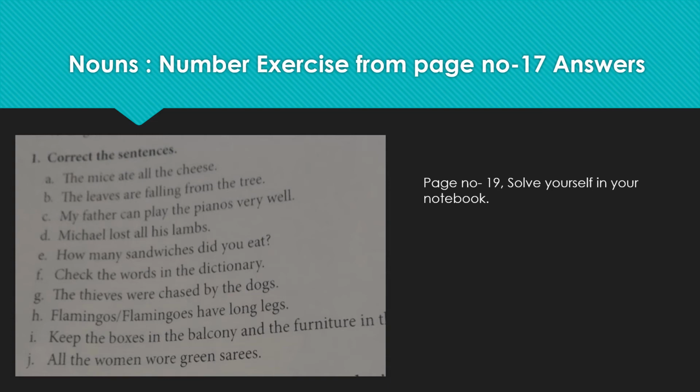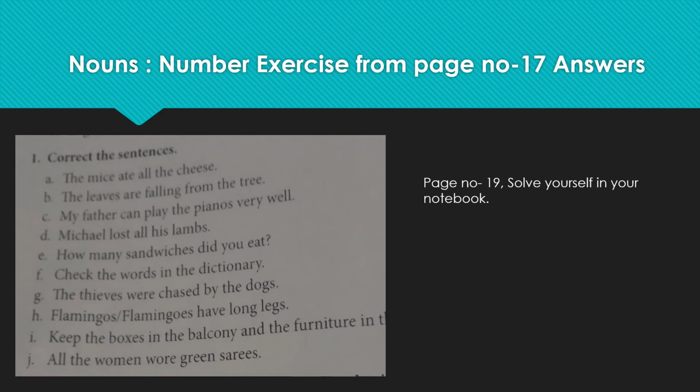Singular means one thing and plural means more than one thing. There are many rules for how to change a singular noun into a plural noun. In your textbook, on page number 16, all the rules are given. You have to read and understand those rules.